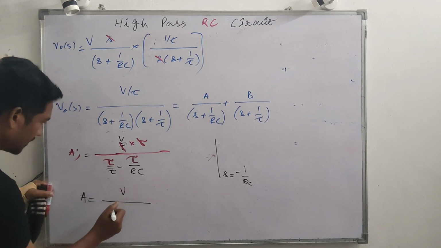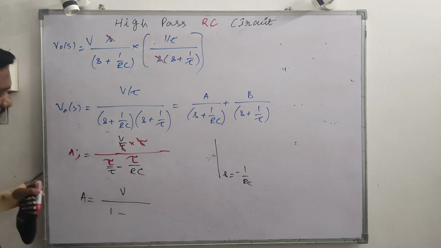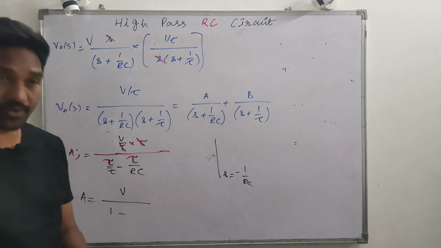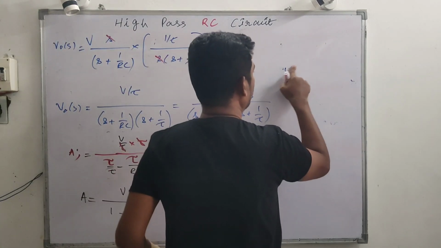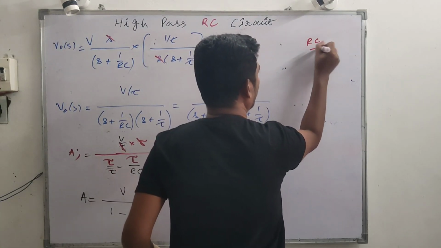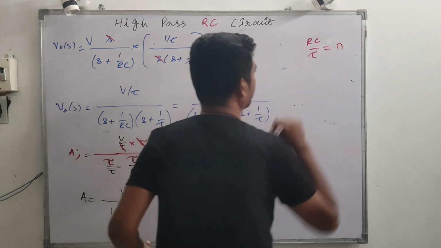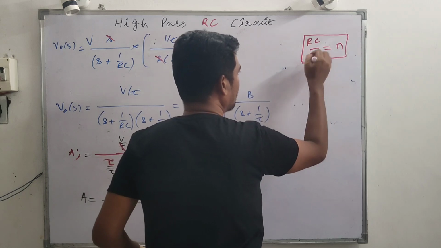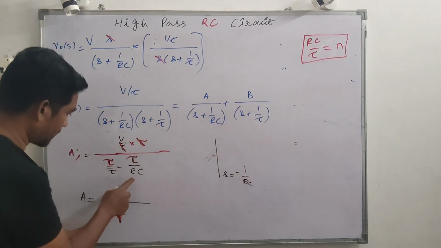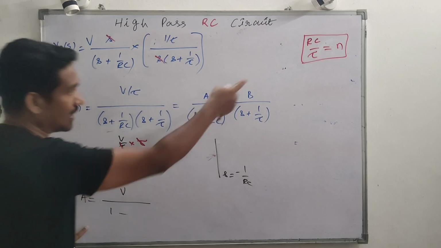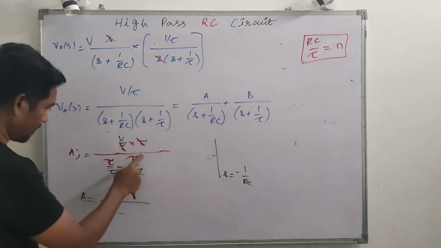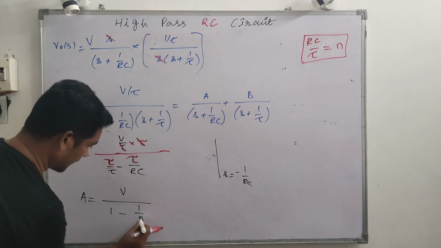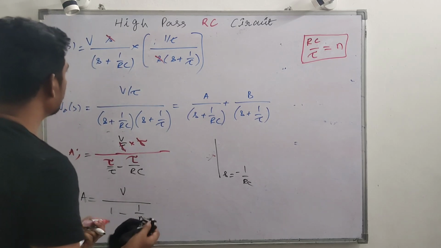And this for A will be equal to, what do we have? It's V upon 1 minus... we cannot go on writing tau upon RC all the time, so a small notation over here. What if we have RC upon tau represented with n, the ratio RC upon tau? With this representation we have the reciprocal over here. RC upon tau is n, so we have 1 upon n, which can be still simplified.